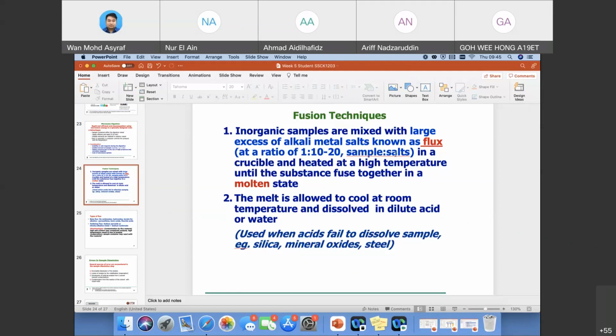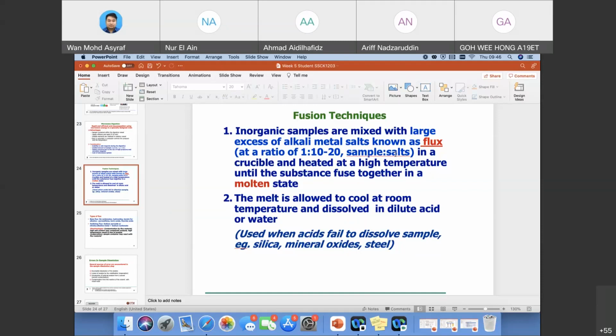In a crucible, you know, something that you put it in, like a small bowl. You put it in and then you heat it up at a very high temperature until the sample and the alkali fuse together in a molten state. Molten is some sort of fluidic state, like when you look at the lava of a volcano.